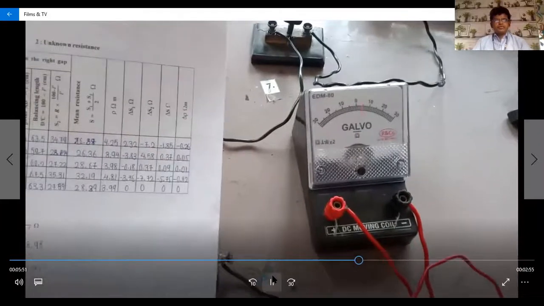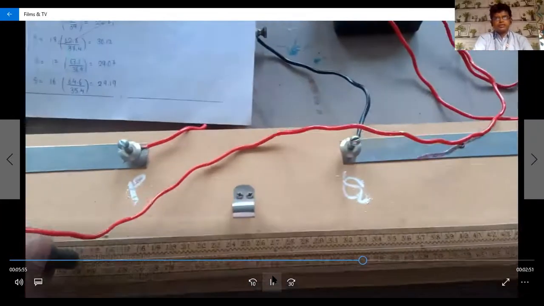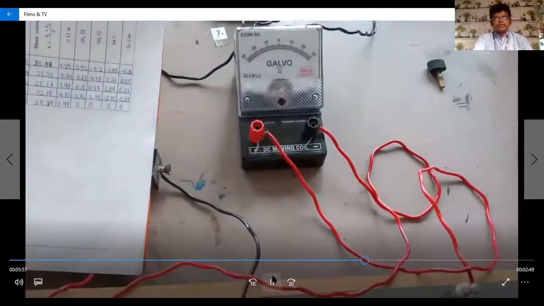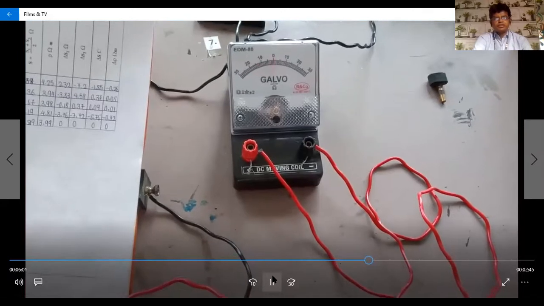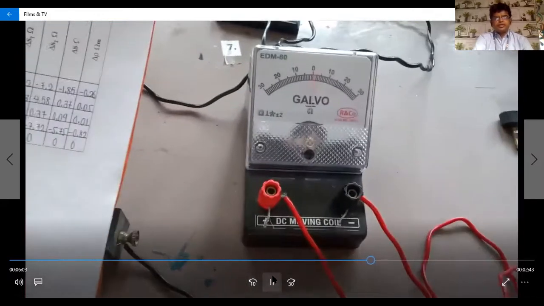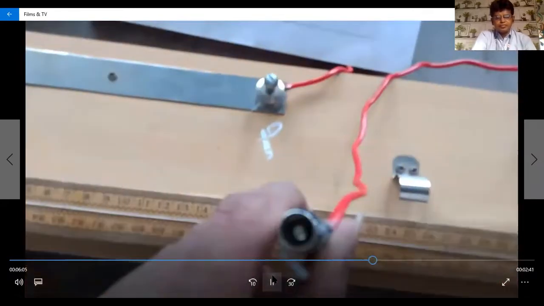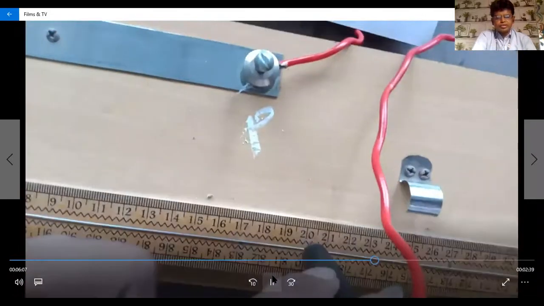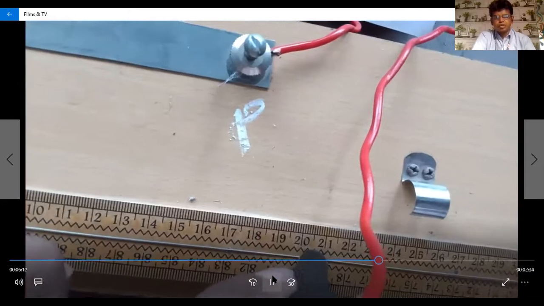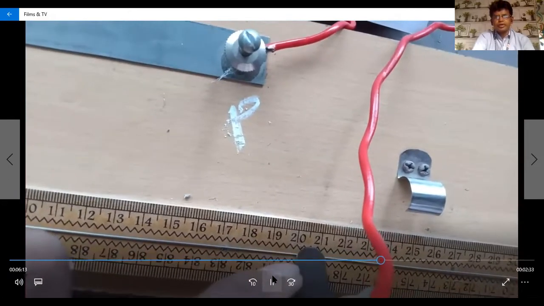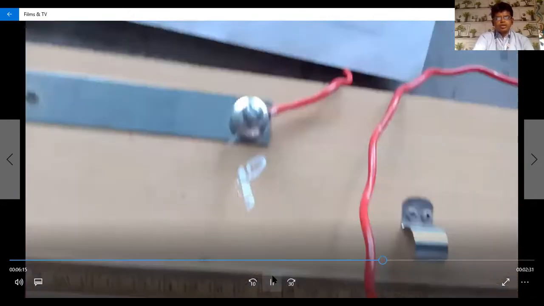At that time we find the galvanometer scale on the left side, from 30 increasing, coming to 0. Now you see it is coming to 0. At that time on this scale the jockey key point is 20.5 centimeter as per our observation. Now this value we write in the second column.